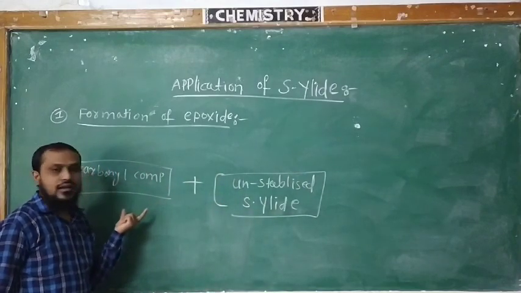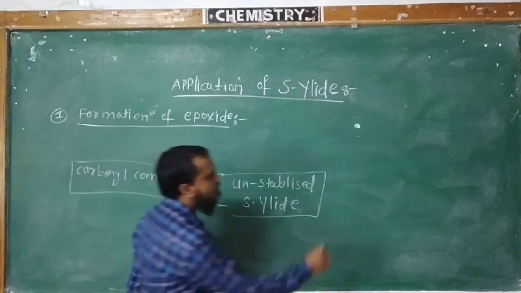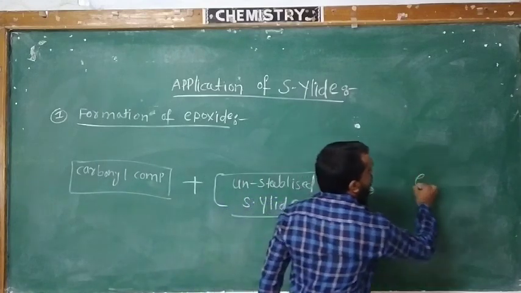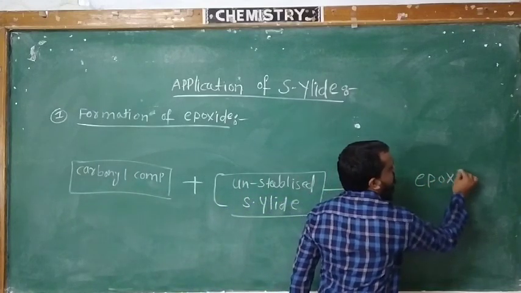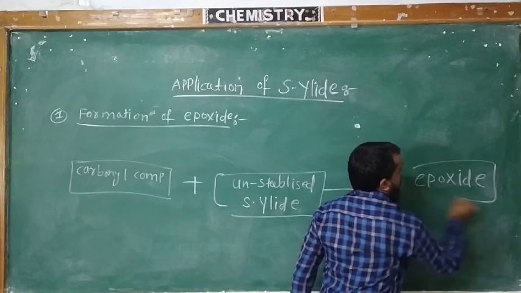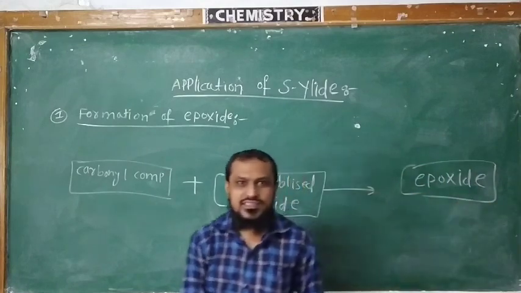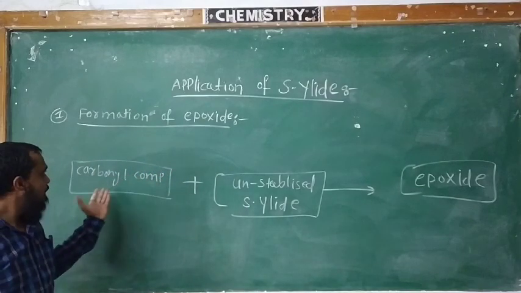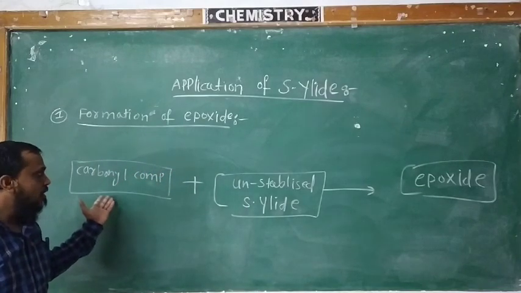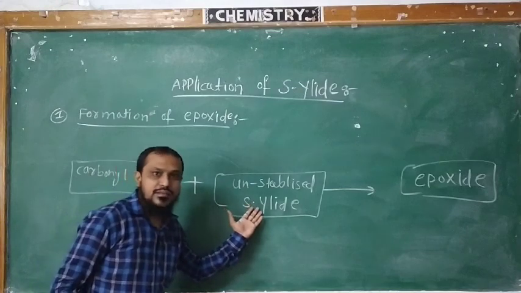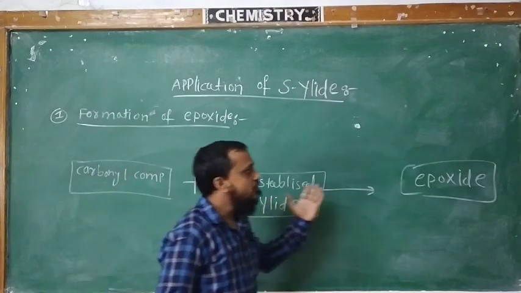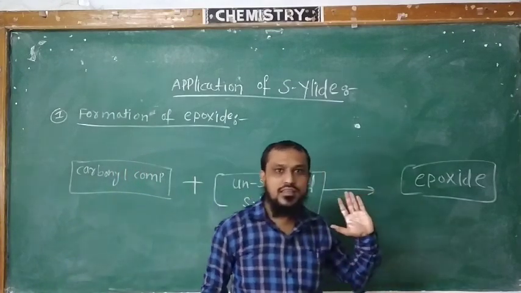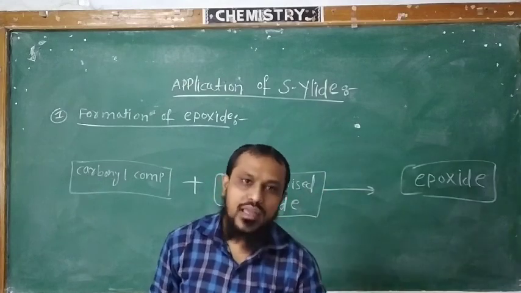It reacts with carbonyl compound and forms epoxide. Okay, so this is the general representation of formation of epoxide when carbonyl compound is treated with unstabilized sulfur ylide to form epoxide. Okay, now what will happen here?